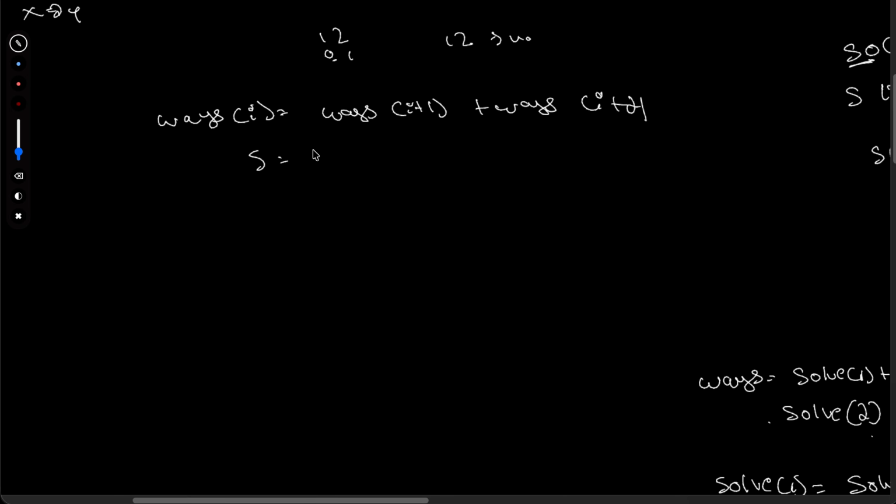If your string is 1 2 3 4, then n is equal to 4. Let's take another page. So s is 1 2 3 4, n is 4. DP of I means number of ways from index I to n. Because the recursion formula was what?